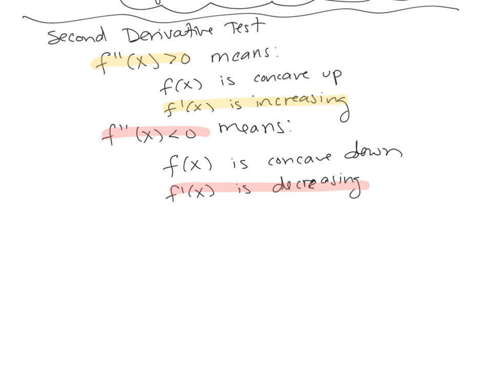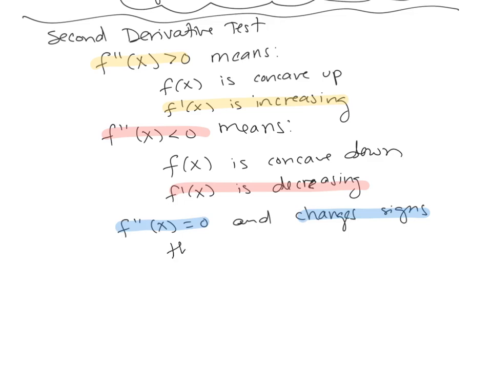And the last bit of information that the second derivative can give me is that if f double prime of x equals 0 and changes signs, and that's really the key, and changes signs. And so I'm just going to highlight if f double prime of x is 0 and changes signs, okay?